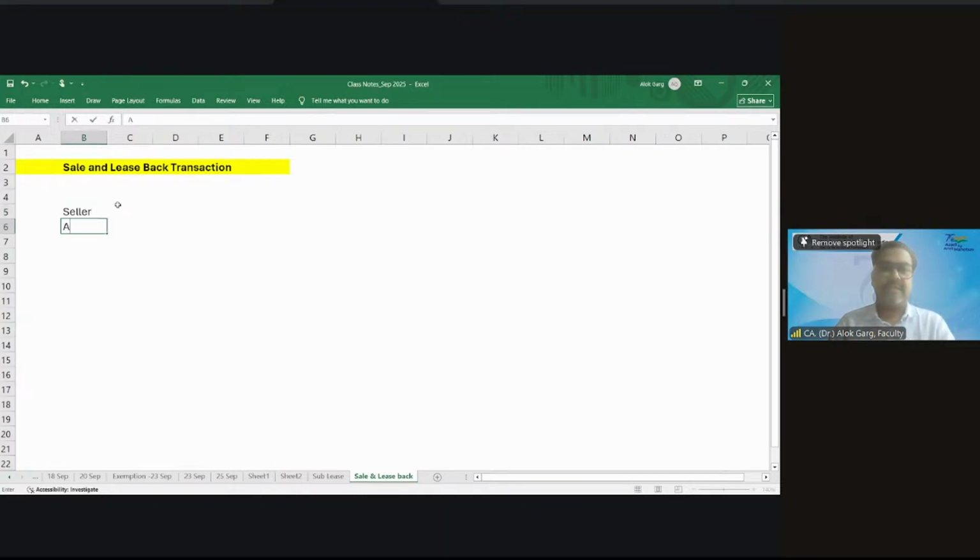Who is the seller? A Limited. The seller is A Limited. This seller is selling the building to B Limited.